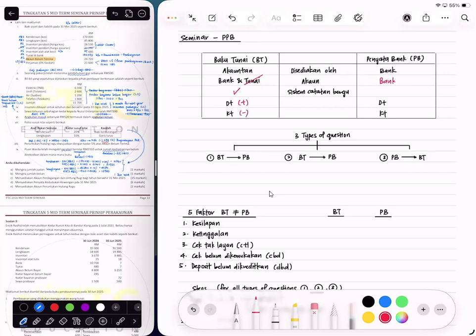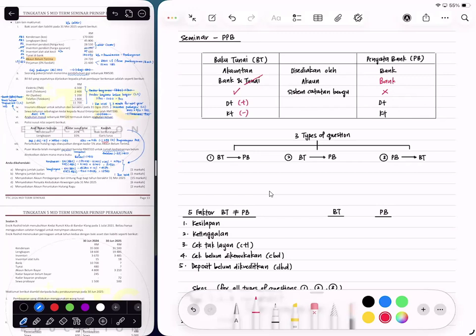But if penyata bank, that won't apply sistem catatan pergu because it is not possible for the bank to hire an accountant purposely to prepare the bank statement for you. They will just generate and print it out from the system. So there will be no sistem catatan pergu, so that will make everything in the opposite way.